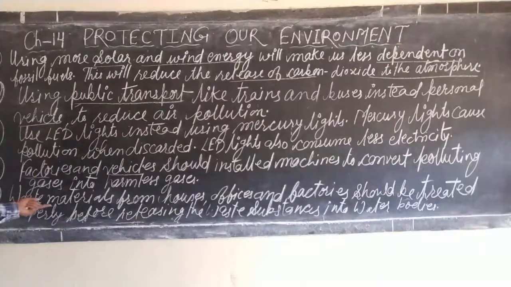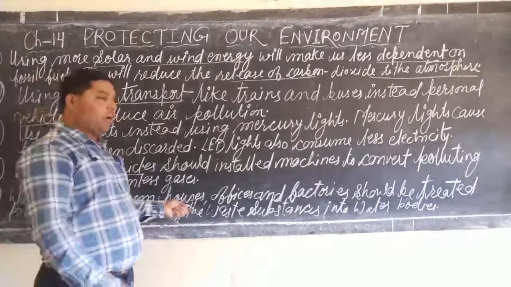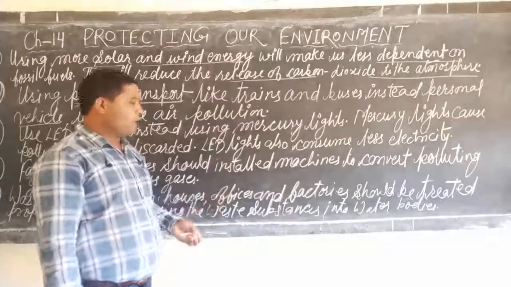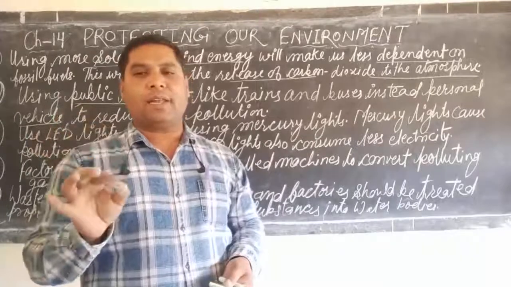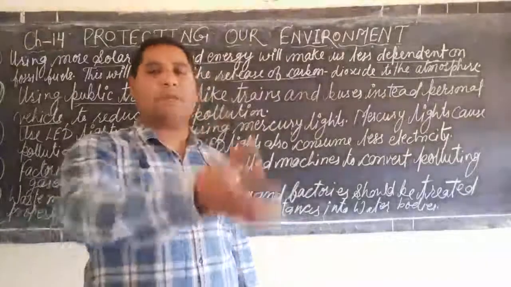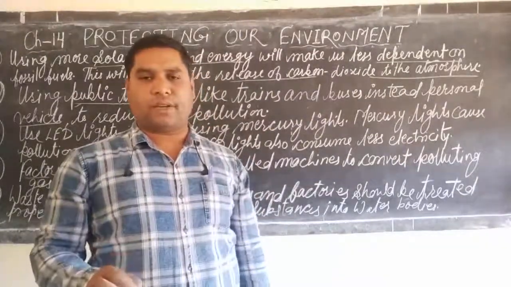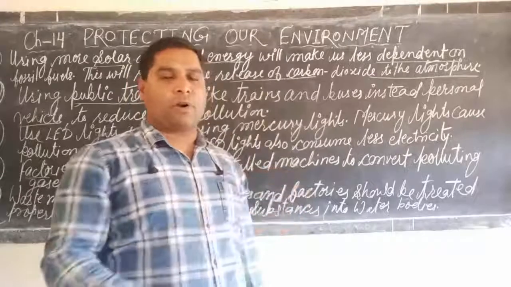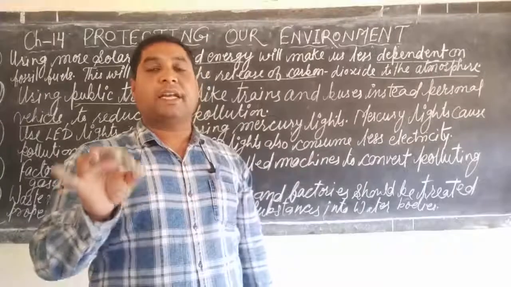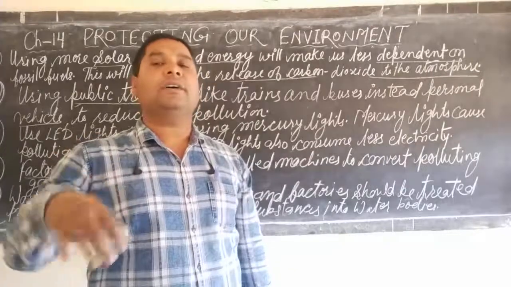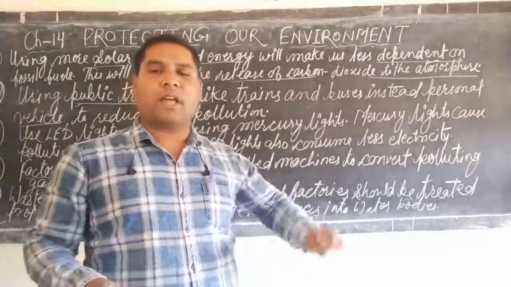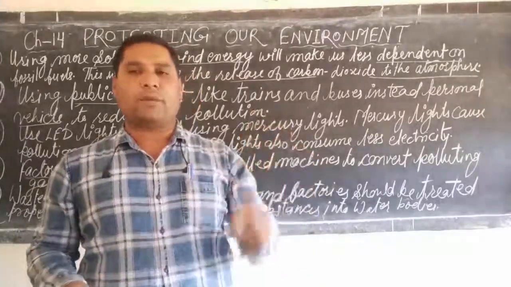Next point, waste material released from homes, offices, and factories should be treated properly before it is released or dumped in natural sources of water or other water bodies, so that it does not cause any type of side effect in the water or cause any harm to the living organisms of the water body.